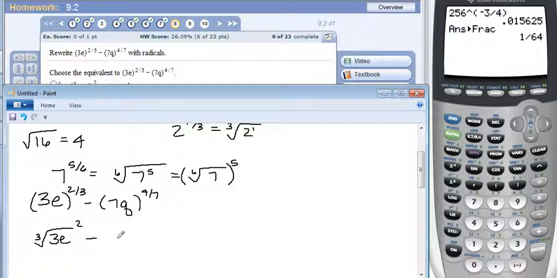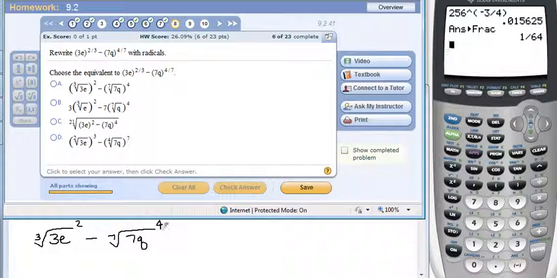I'm going to match my sign here. And here I've got my radicand of 7q. I've got the 4th power here and the 7th root there. So let's see if any of those match. Looks like this. Yep, that one.